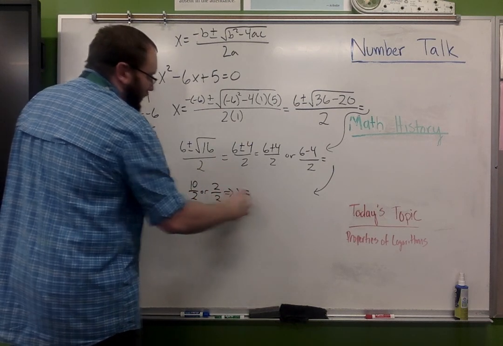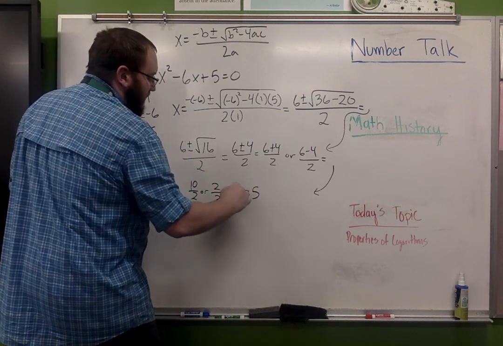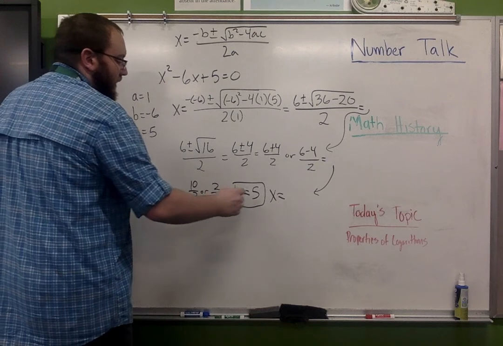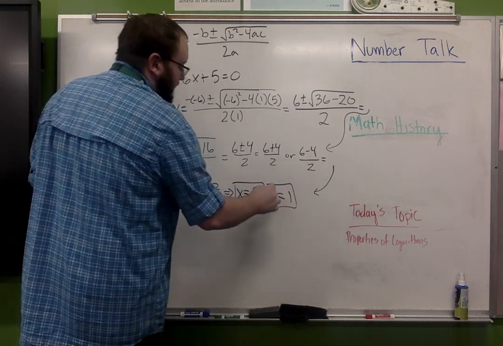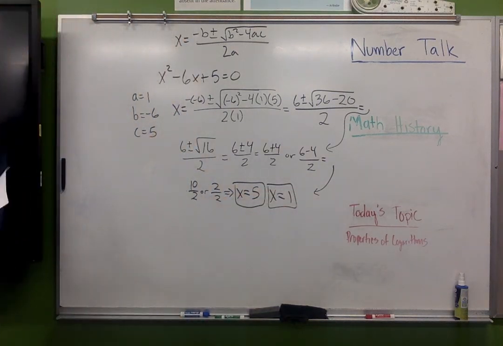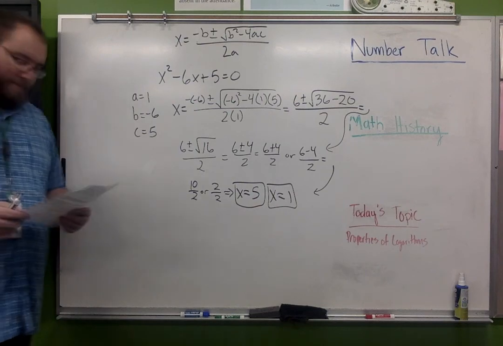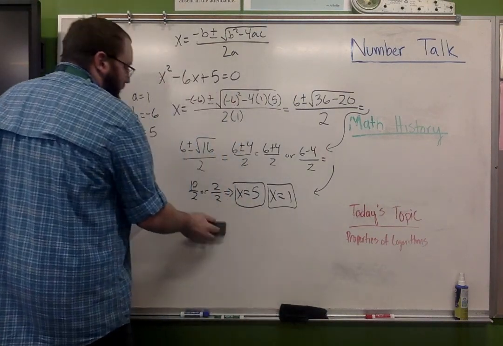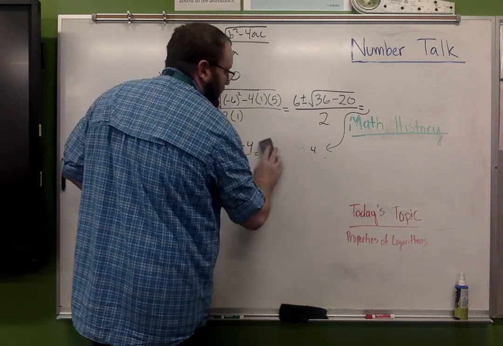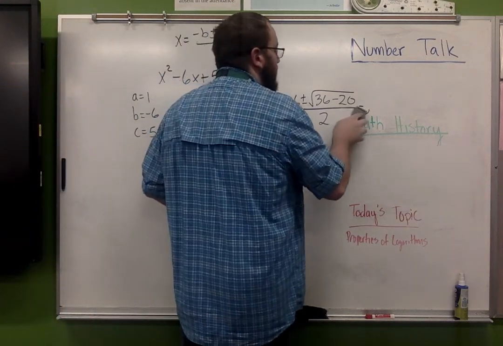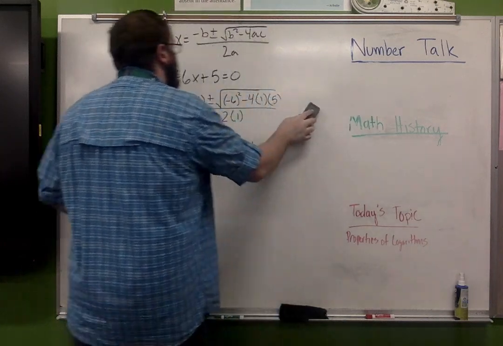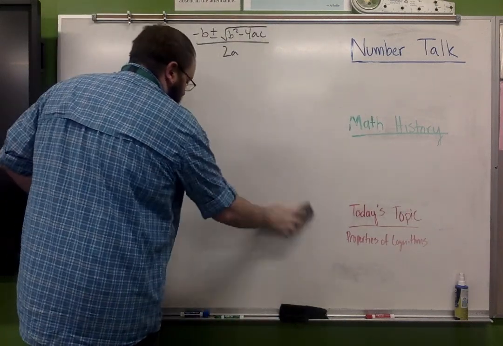So x equals 10 divided by 2 is 5, and x equals 2 divided by 2 is 1. Right, so 5 and 1. Those are your answers. All right. Let's do the next one.